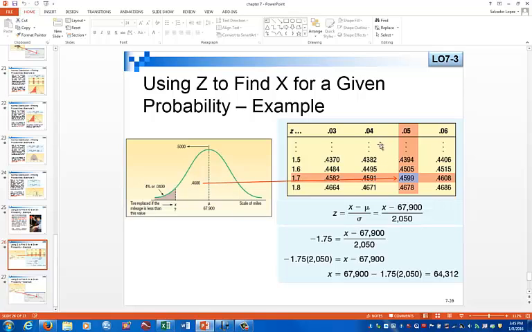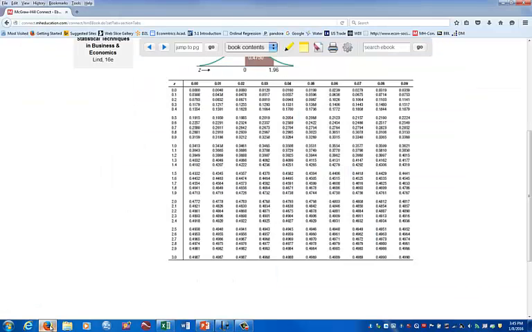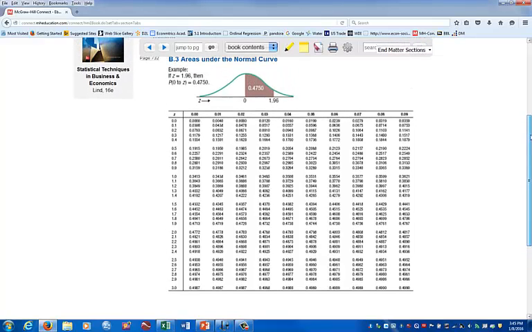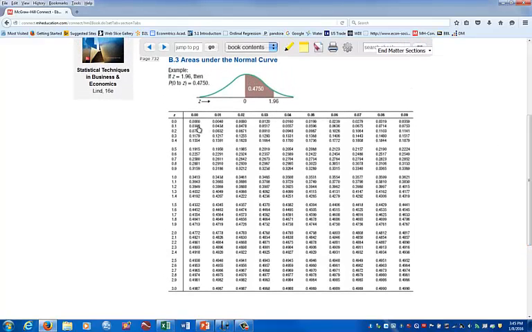Now you have a section of your table here, and I have on the website the table for the standard normal distribution. Notice how on the first column, as the value of Z increases, the value of the probability, or the area under the curve, increases, logically, because the Z value will be farther away from 0.